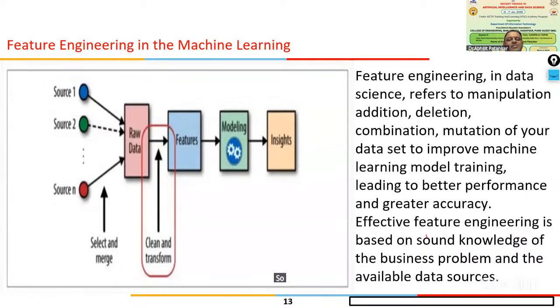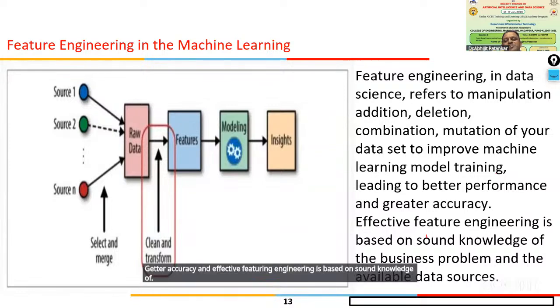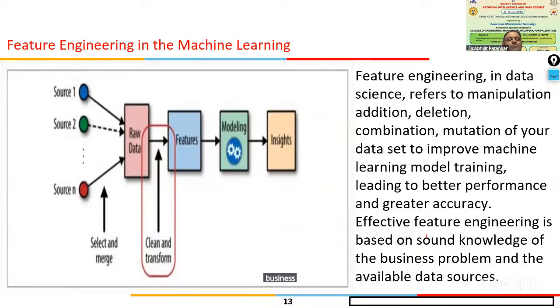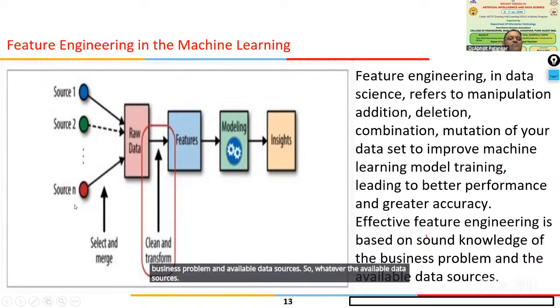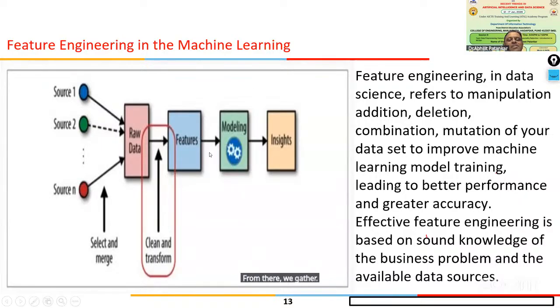So after applying all these operations, we get better features, greater accuracy, and effective feature engineering is based on sound knowledge of the business problem and available data sources. So from whatever the available data sources, from there we gather and apply the feature engineering principle to model data and we get the insight of it. So this is the importance of feature engineering.